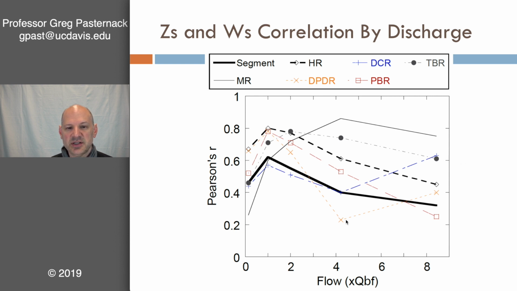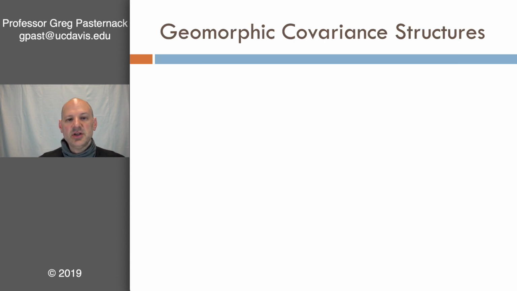There's a few cases where it's not, but across most flows, there's a very strong relationship between bed elevation and width because they're coupled together. And here's one example, I should say, where it reaches a peak at a much higher flow, but this is a pretty regulated reach. Okay, so I'm showing you evidence that different variables are linked together. So that finally brings us to geomorphic covariance structures.